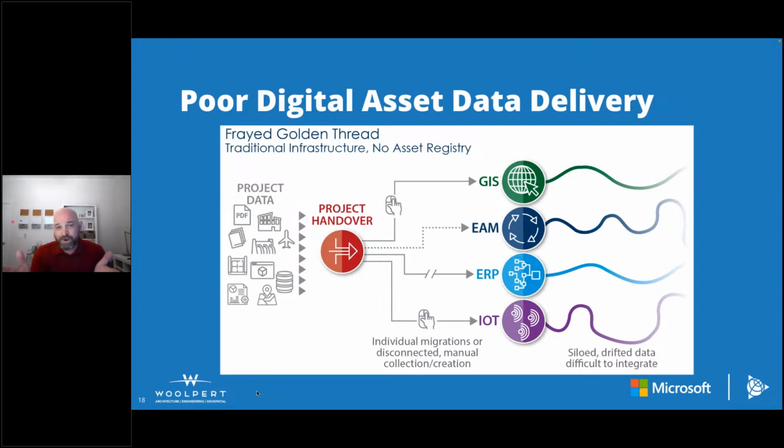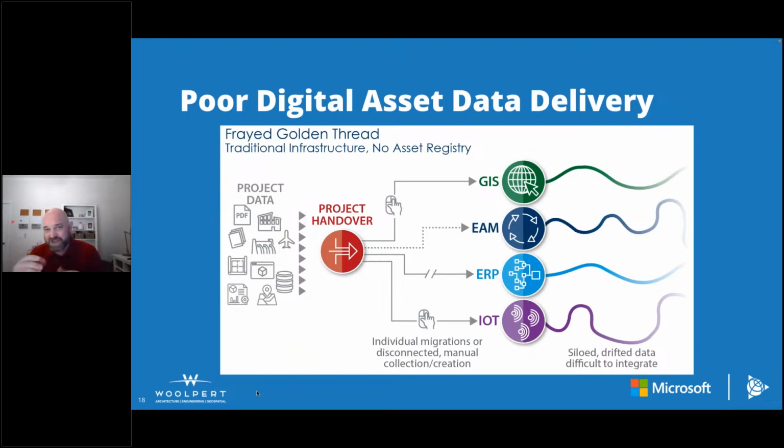Then what we see at most organizations is maybe some groups within the airport, or whatever type of organization we're talking about, are proactive about getting their hands on that data and getting it into their departmental systems. They may have migration processes defined to pull that data out, clean it up, and load it into their systems. But typically it's being done in a very siloed and piecemeal fashion.